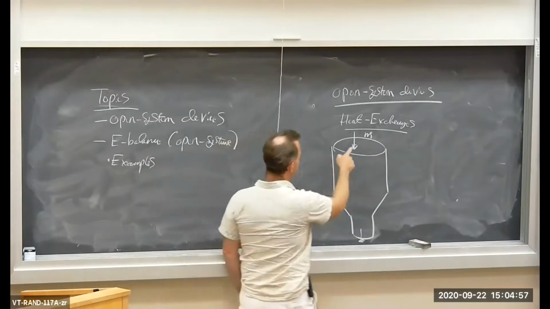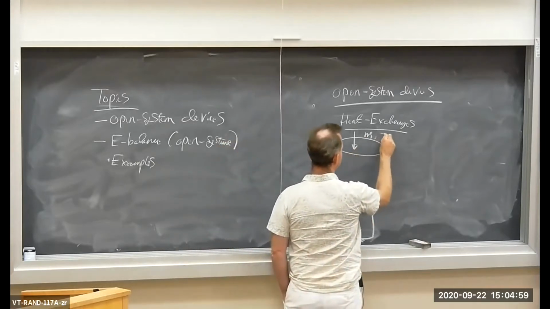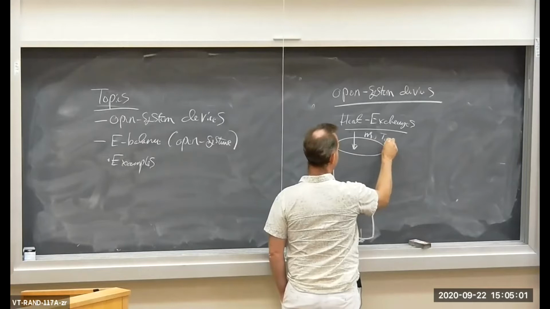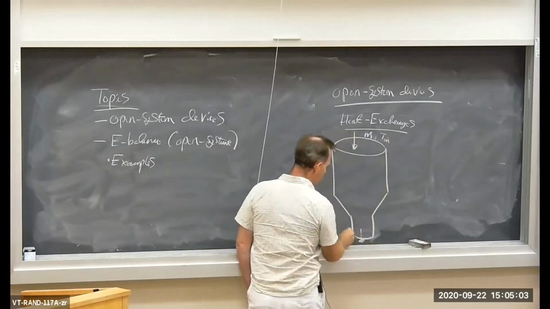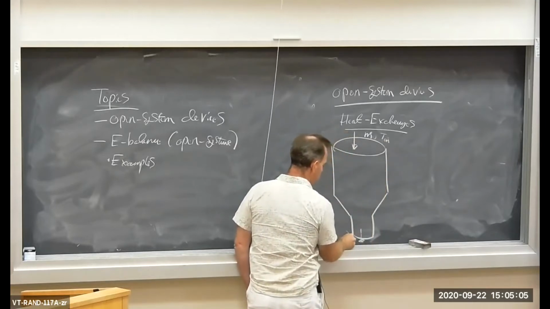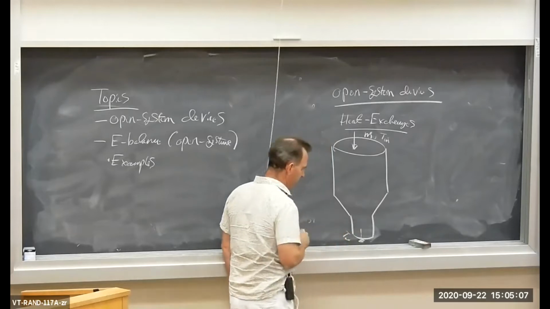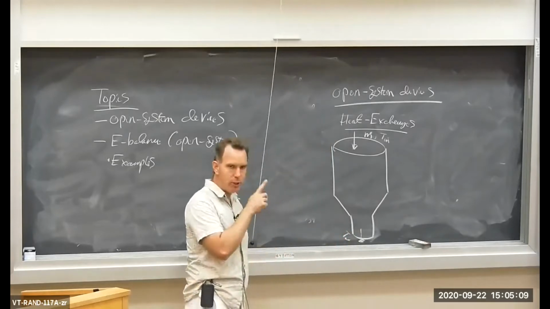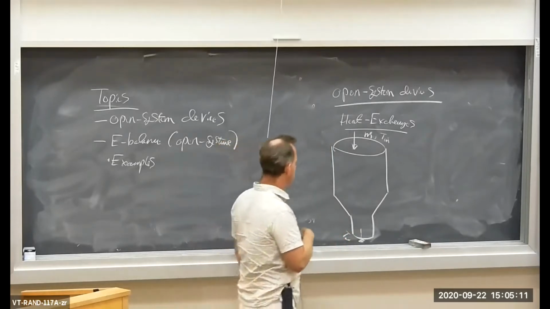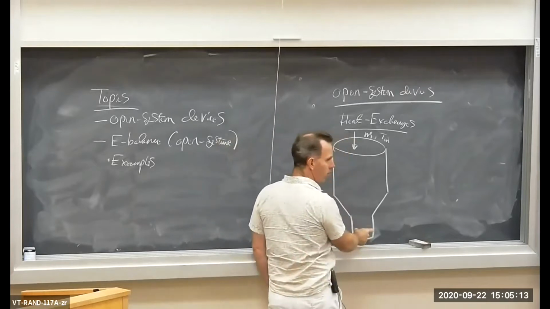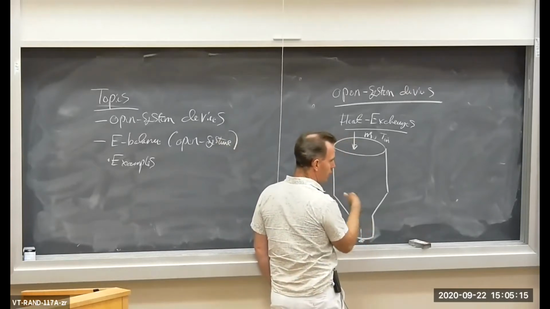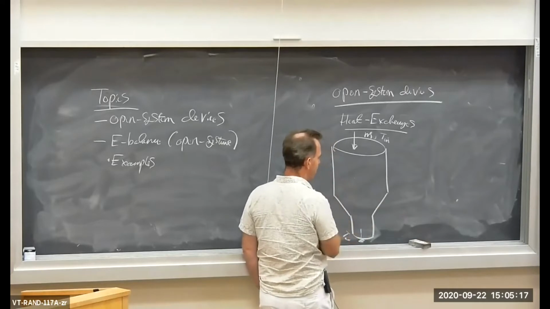Now this fluid comes in at some temperature, I'll call it T in, and it leaves at some temperature T out. Now, why would the temperatures be different? Aside from the fact that maybe the flow is accelerating and we're converting some of the internal energy into kinetic energy.